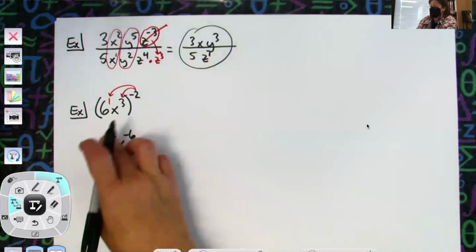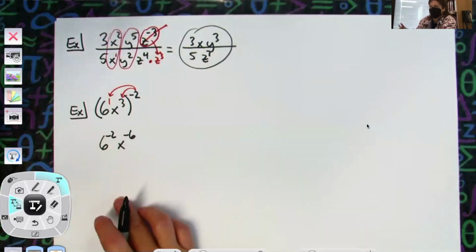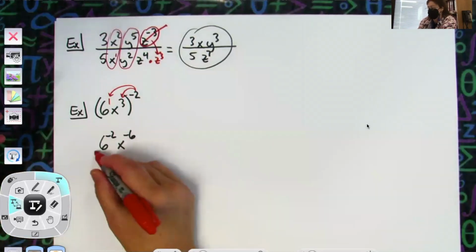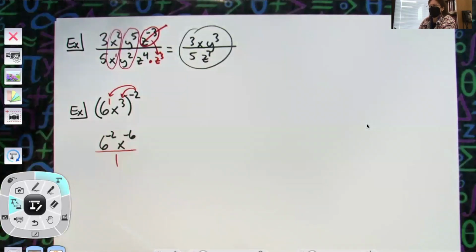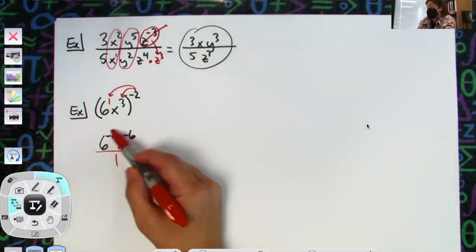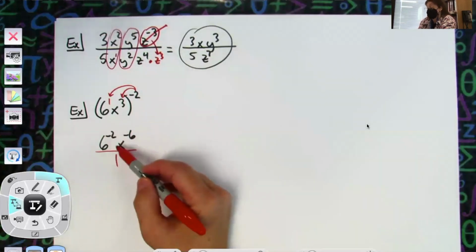It's not a fraction, but technically it is because if I put it over 1, it would be in the numerator, right? So I move the base and the exponent to the bottom, and I make the exponents positive. So both of those are going to get moved to the bottom.